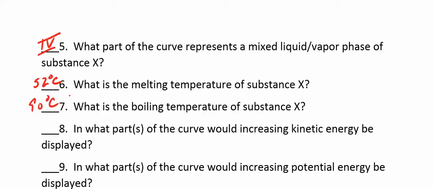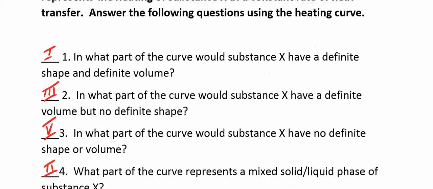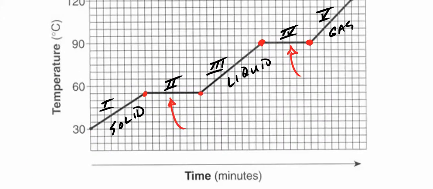In what part of the curve would increasing kinetic energy be displayed? Well, anywhere you have solid being heated, liquid being heated, and gas being heated, where the curve is an upward diagonal, you're going to have an increase in kinetic energy. In this part of the curve, for example, as you heat the solid, the particles begin to move more rapidly and bang into each other a little more frequently, until you get to the liquid phase.